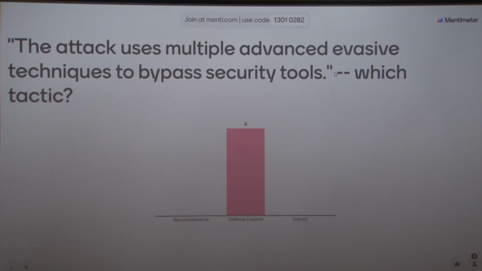Here I have a sentence from a threat report, and I am asking which tactic is here. Everybody thinks this is defense evasion. That is right.